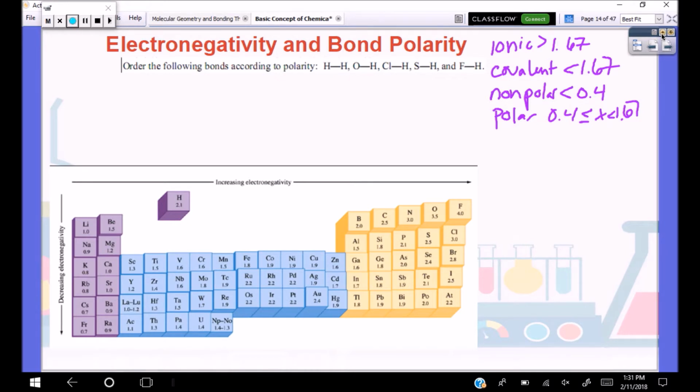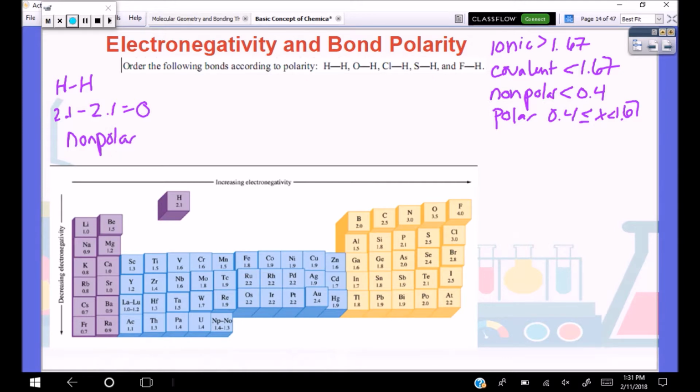So we want to order the following bonds according to their polarity. Well, we need to look up the values for each. So H is 2.1. So electronegativity difference, you subtract them. 2.1 minus 2.1 is obviously 0. That is definitely going to be nonpolar.